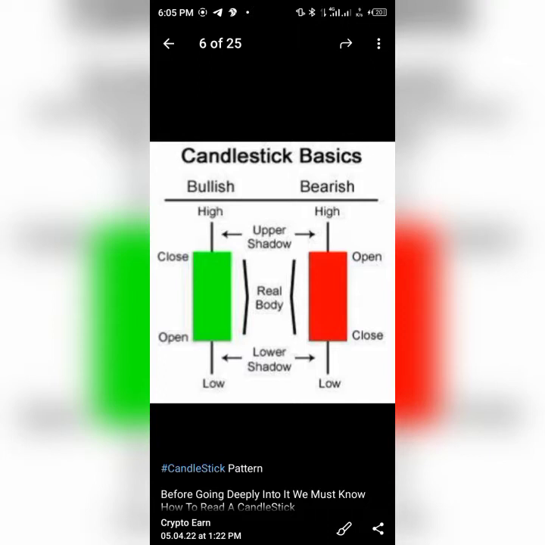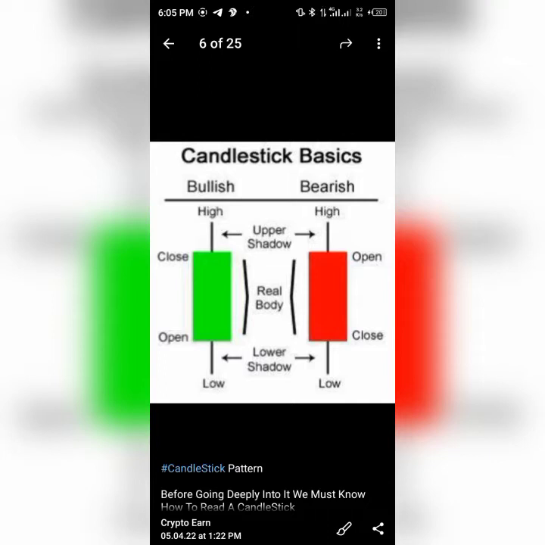Then for the red, it starts from the top, from the high wick, then falls down to the low, and happens to close just above the low wick. So it differs for both. While the green opens from the bottom, the red opens from the top. The green closes at the top, the red closes at the bottom.